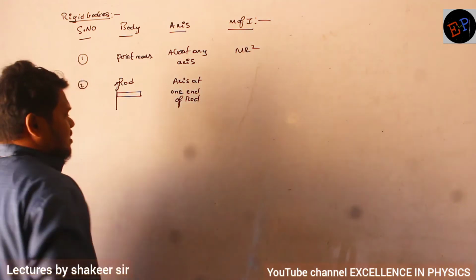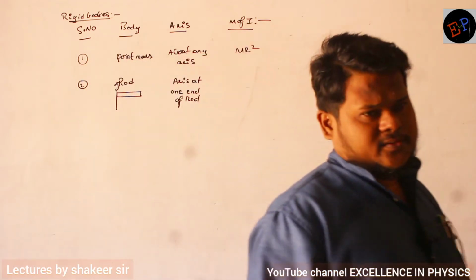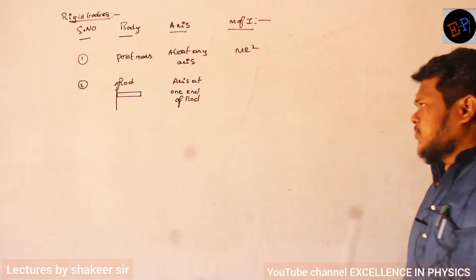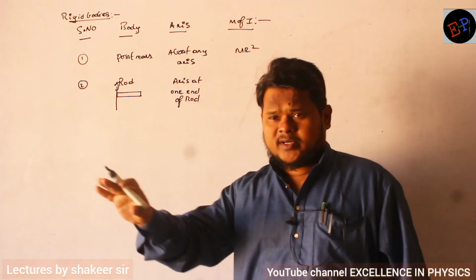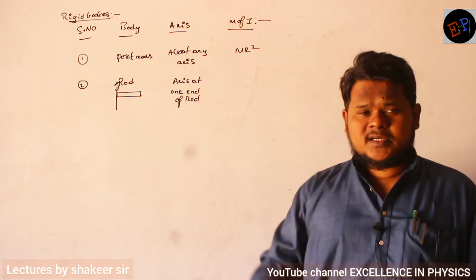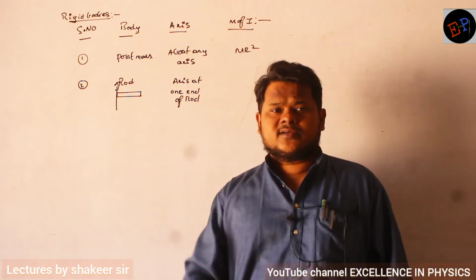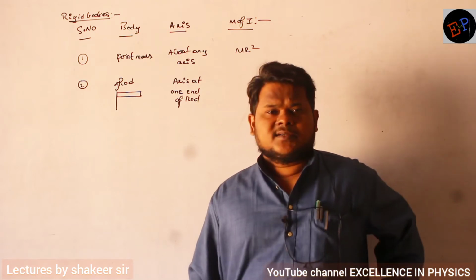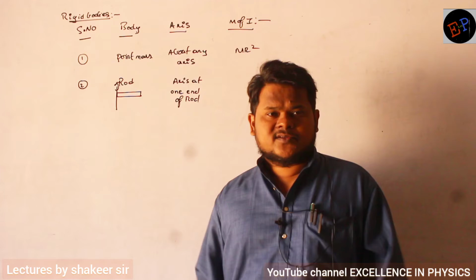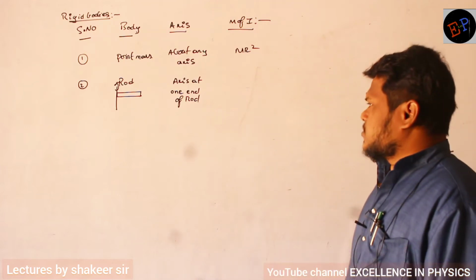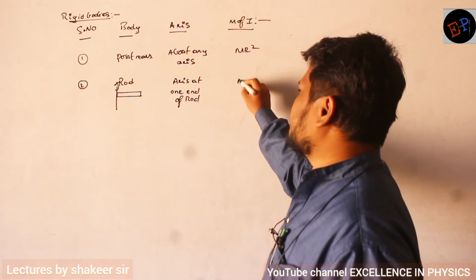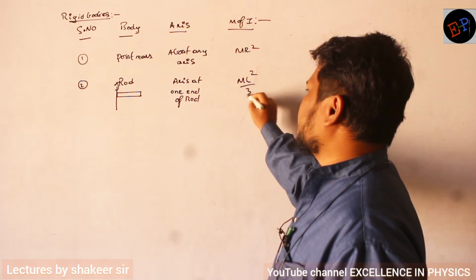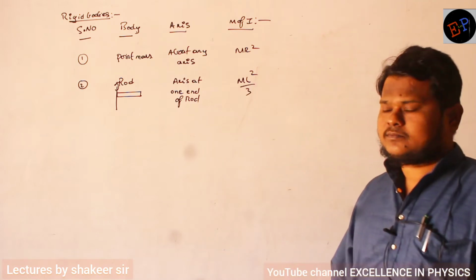Moment of inertia depends on the distribution of mass also, no? So the axis is very important. Where is the location of the axis? Moment of inertia changes according to the axis. If you change the axis, the moment of inertia will also change because the distribution of mass changes. So for this rod, the moment of inertia is ML square divided by 3. Just now we have calculated it, no?